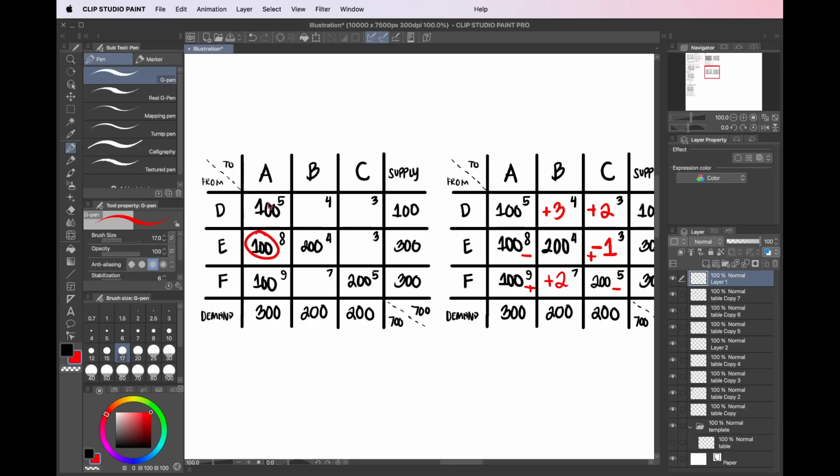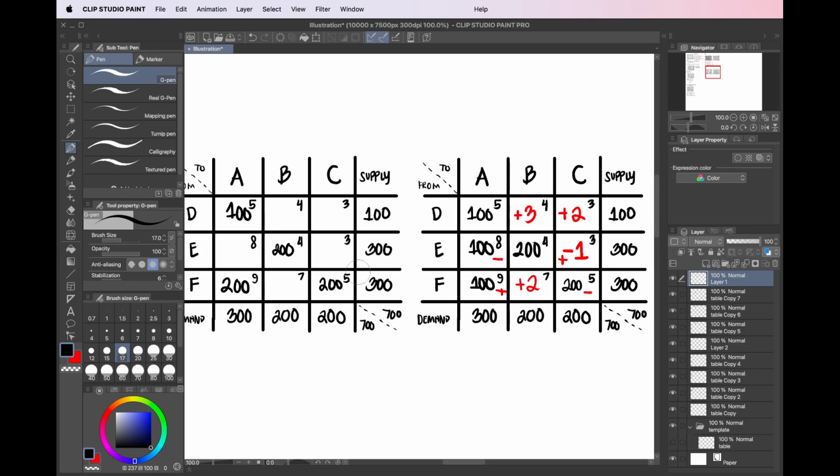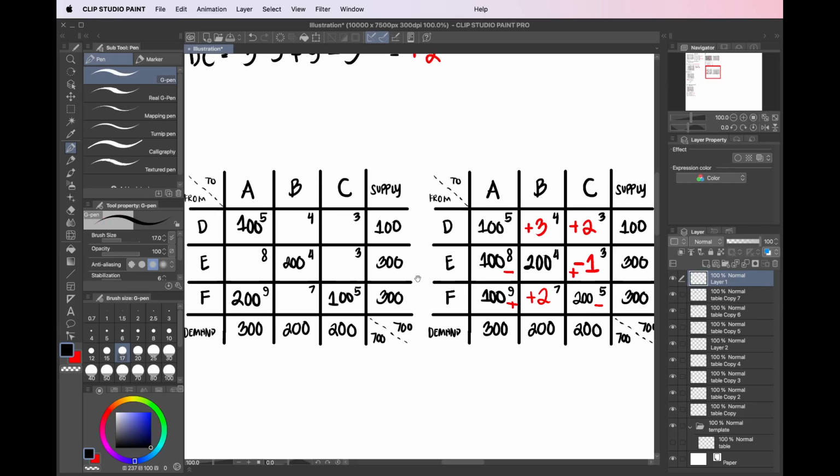So 100 minus 100 would now be just 0. Then 100 plus 100 here, this would turn to 200. Then here would now be 100. And last but not least, this would be 100.